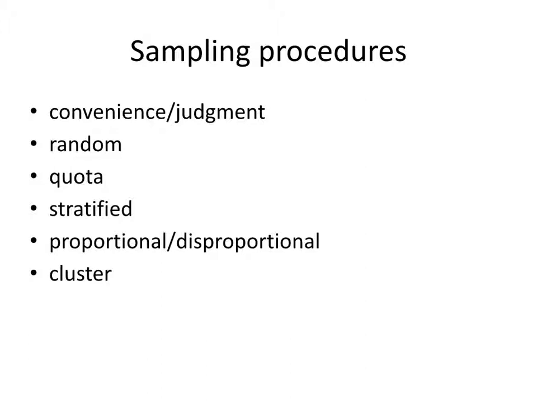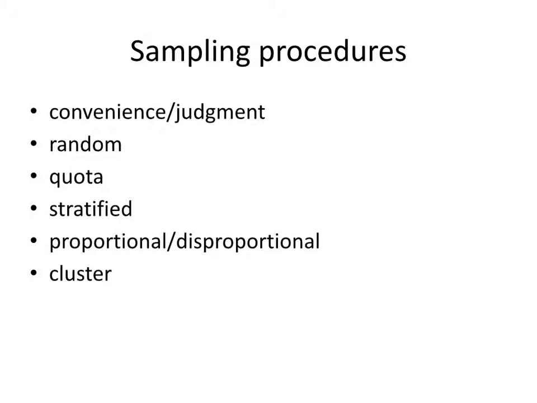Now, because they're chosen conveniently, one must generalize estimates from that sample to the population at some risk, because statistical tests presume that samples are pulled from the population with known likelihoods of being in the sample.